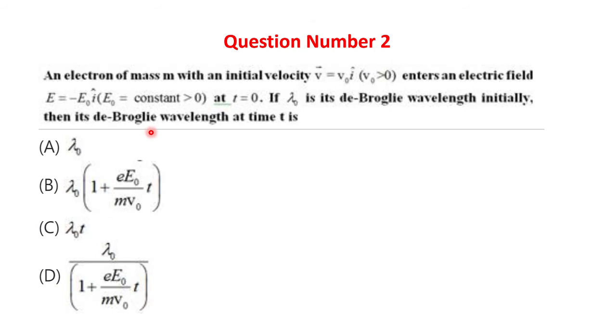Question number 2. An electron of mass m with an initial velocity v0 I cap, velocity is along x-axis, where v0 is a positive constant, enters an electric field minus E0 into I cap.